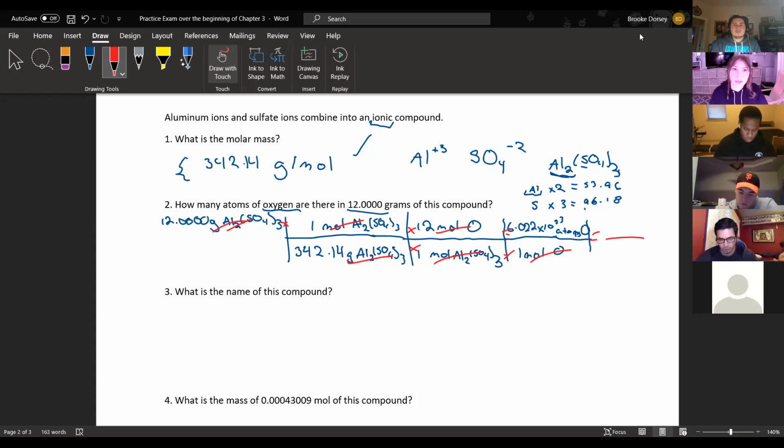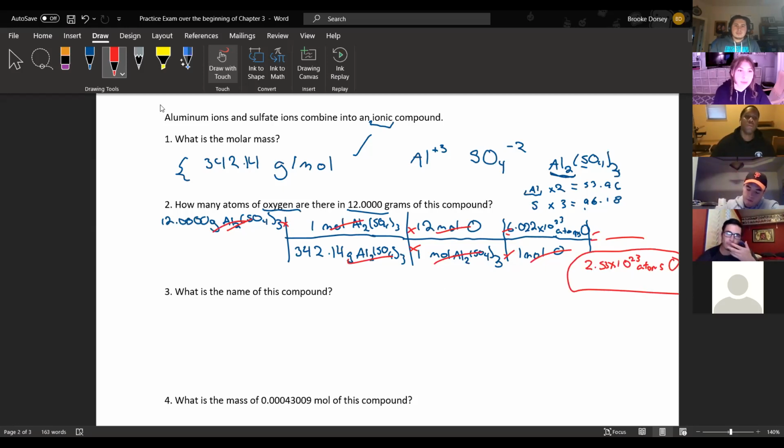I got 2.5 times 10 to the 23. Anyone else get this? Yeah, I got that. 2.53 times 10 to the 23. Okay, same. 2.53, so. And then what's our units? Atoms of oxygen.